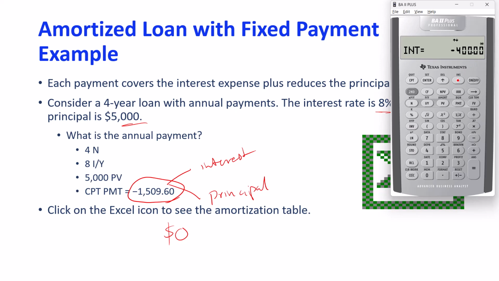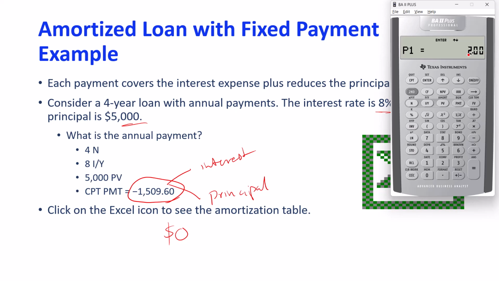So if you want to find out what happens in the second year, we change this to 2 and P2 also to 2. This is the balance at the end of the second year, how much principal you pay, and how much interest you pay. Let's say you want to know how much interest you pay over the life of the loan.